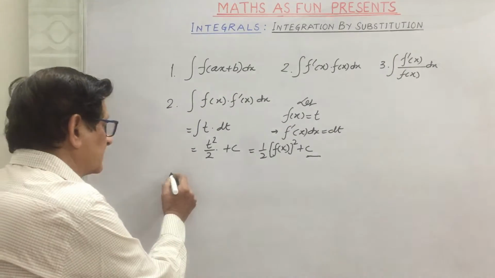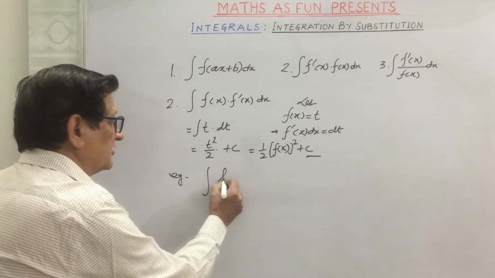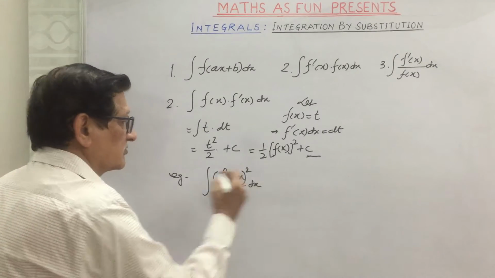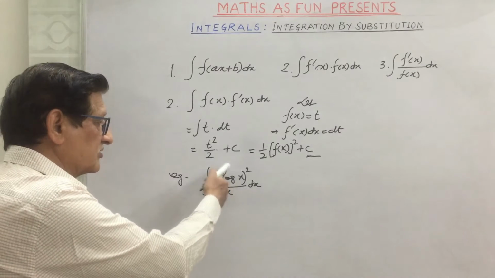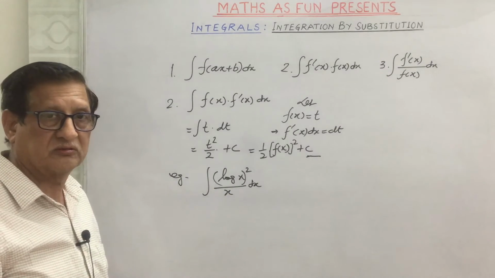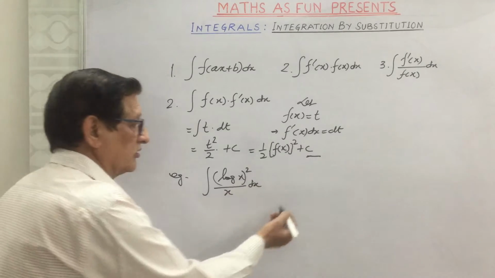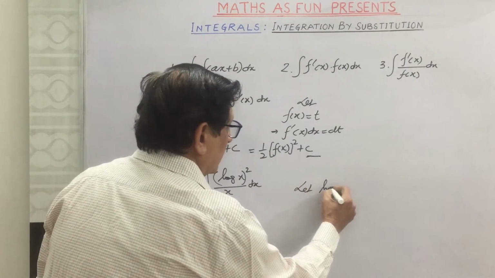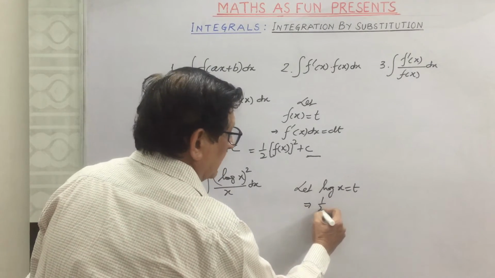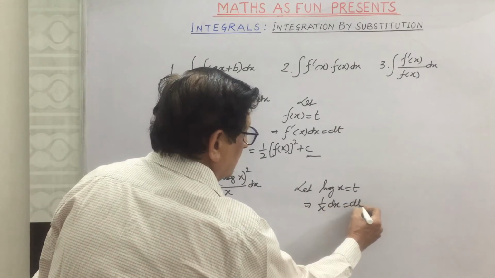Let's discuss one example here. Suppose it is log x whole square upon x dx. We know here if fx is log x, then d by dx of log x is 1 upon x. So we can substitute here log x as t, and then when we differentiate this, we get 1 upon x dx is equal to dt.